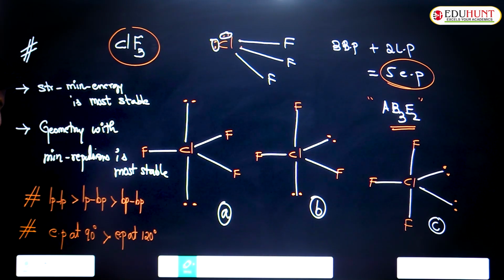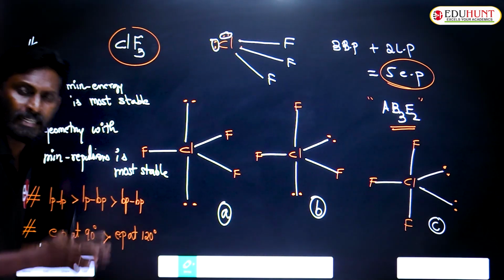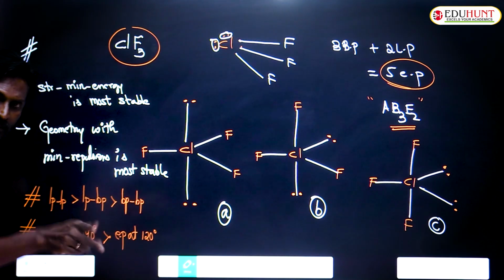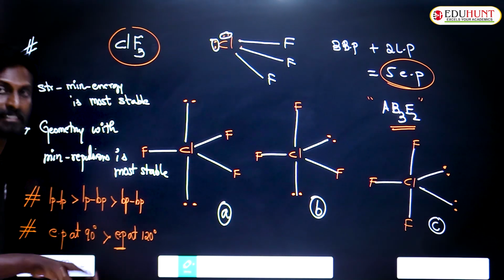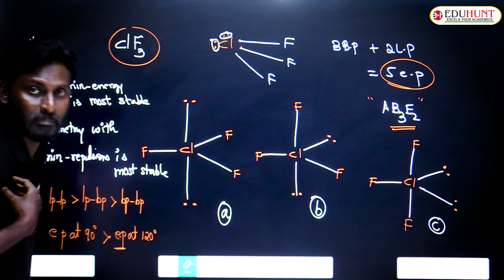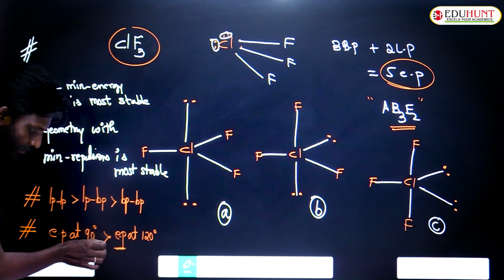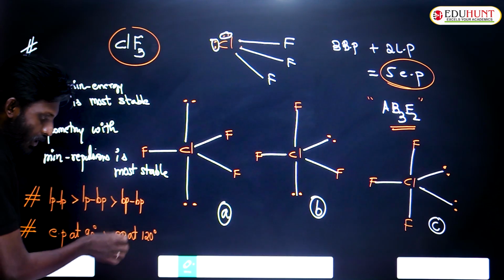Do you need any explanation for that? EP means electron pairs. Electron pairs at 90 degrees cause more repulsion than electron pairs at 120.